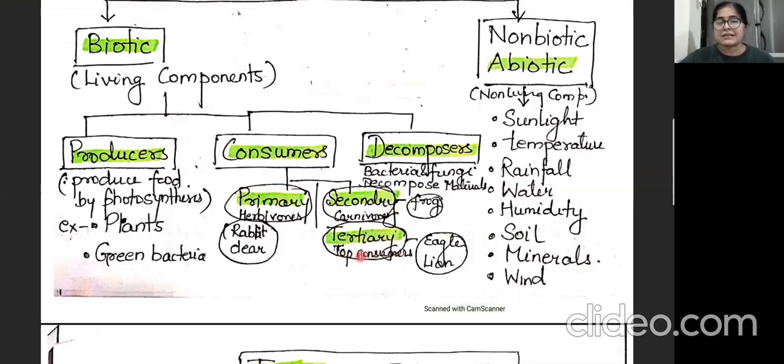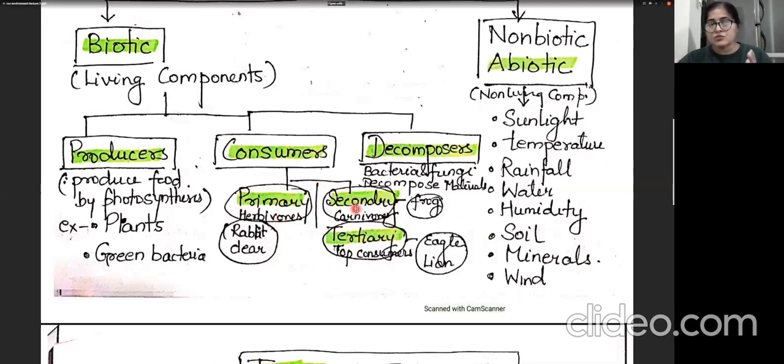Earlier in junior classes, you studied that there are herbivores, carnivores and omnivores. All herbivores belong to the first category, primary consumers, because they directly depend on the producers for their food. Rabbit, deer, and zooplankton in water all come under the category of primary consumers.